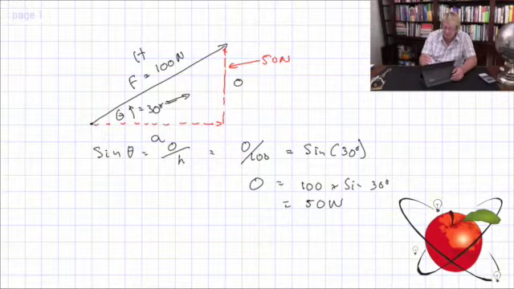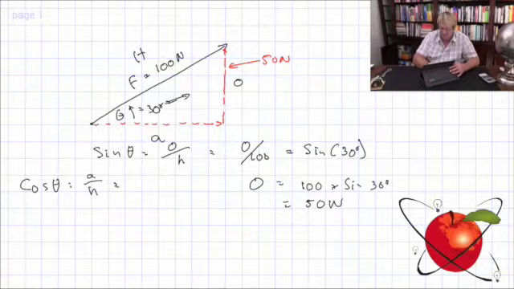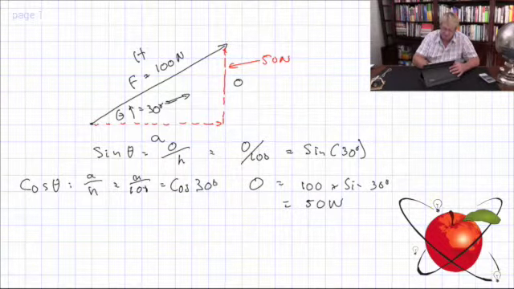What if we do it with the cos? Same thing. Cos of theta is going to be equal to adjacent over hypotenuse, which is going to be A over 100, equal to cos of 30 degrees.